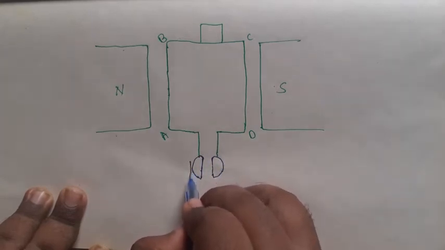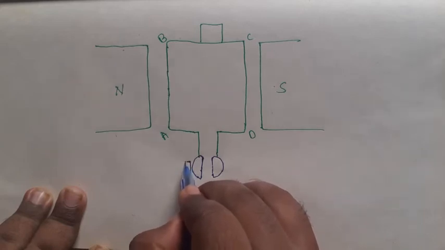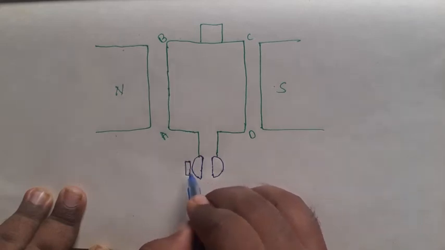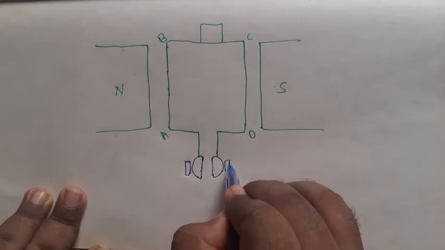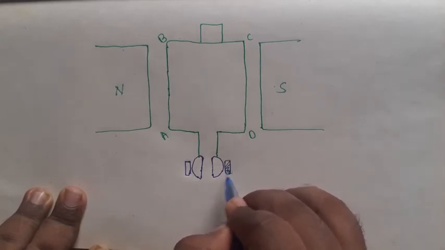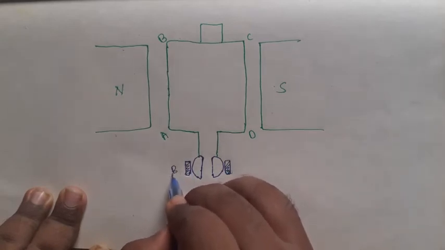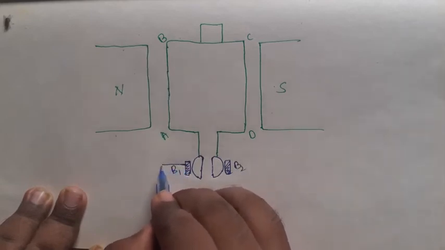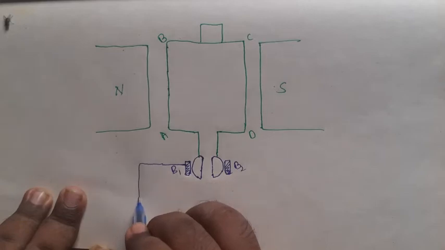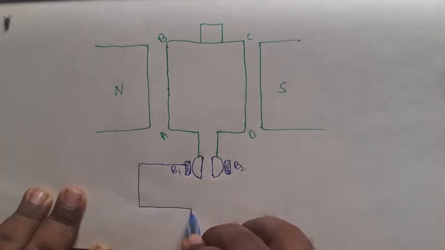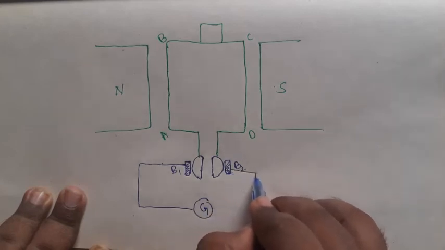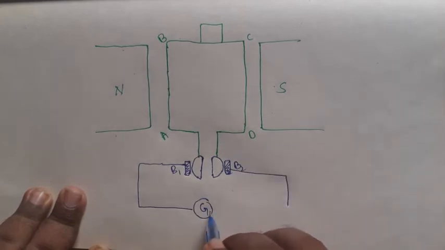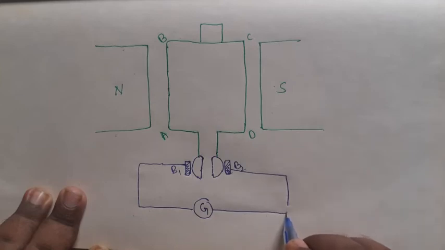So these two semicircular rings are connected to brushes B1 and B2. This is the brush B1, B2. Again these brushes are connected to a galvanometer to find the direction of current. Now what we are doing here, just change the commutator.